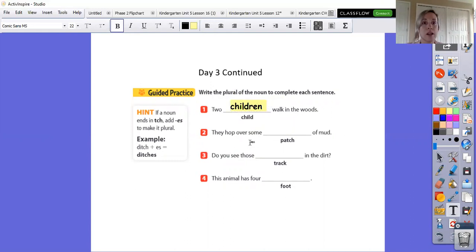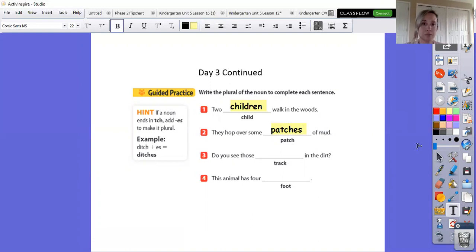Next one, they hop over some patch of mud. Does this look right if I write this? Patches of mud? They hop over some patches of mud? Because it's got that weird ending, like the X and the S. So the CH works the same way.